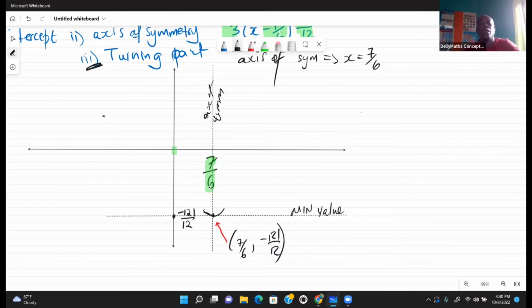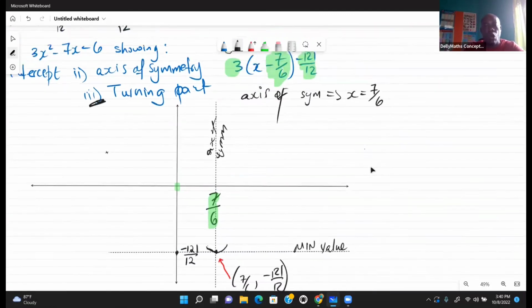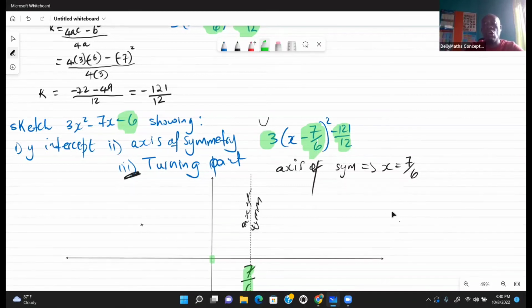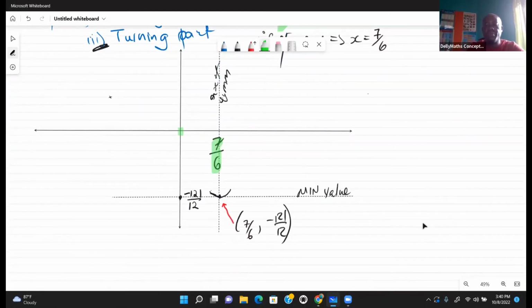The y-intercept is needed now. The y-intercept comes from the original form. It's the c value, the constant without any variable attached to it. See there, negative 6. So we're going to go back to the curve. Negative 6 must be above negative 10 point something. You don't have to measure anything.